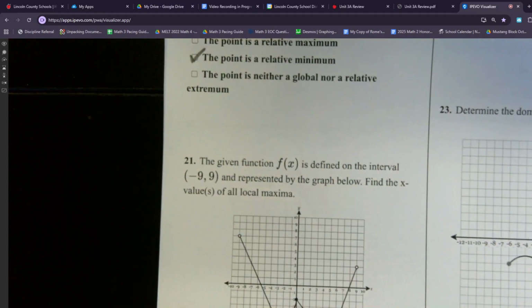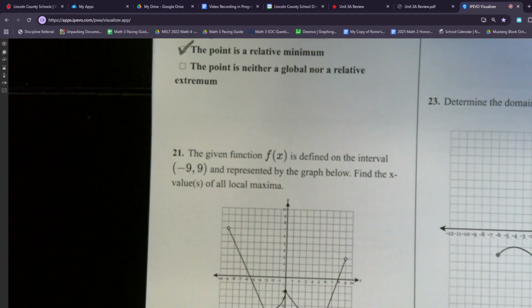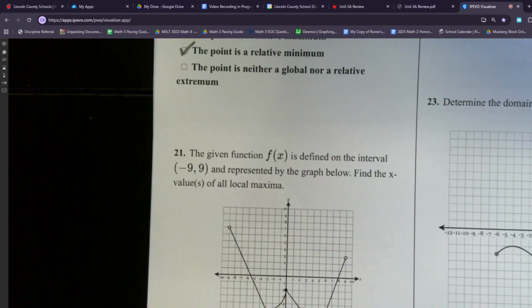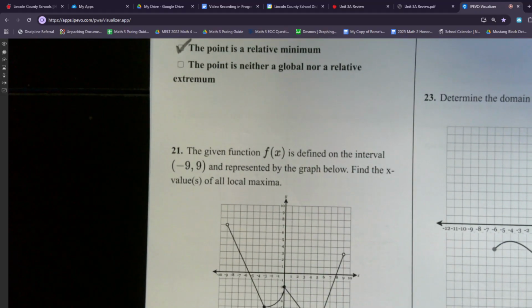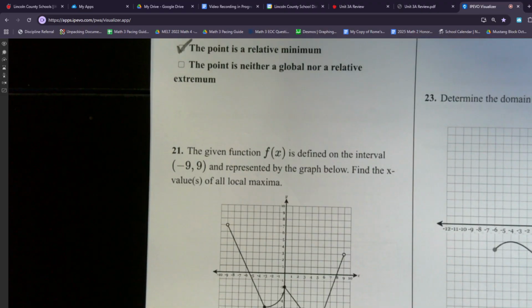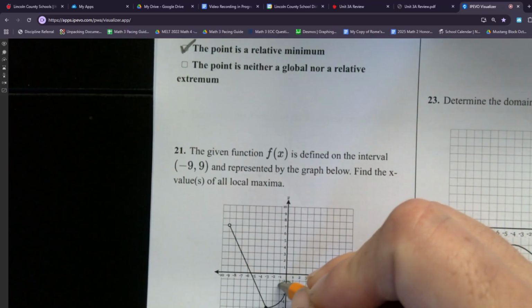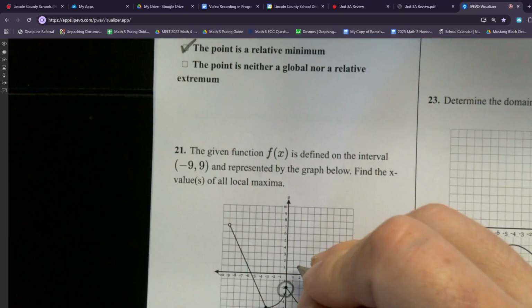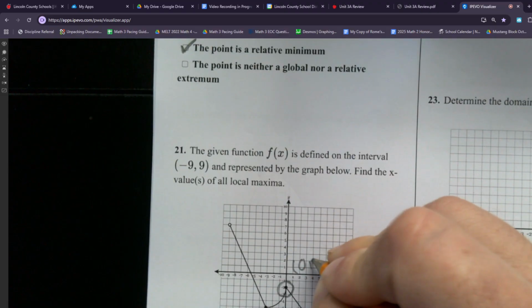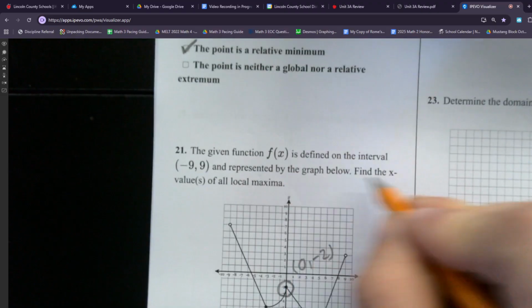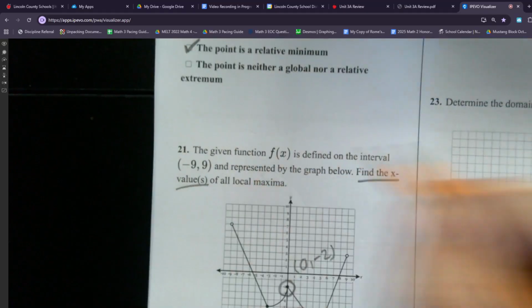Okay, the given function f of x is defined below on the interval of -9 to 9 and represented by the graph below. Find the x values for all local maxima. Okay, I see one local maxima, and that's here. So that is the coordinate (0, -2). Now they're wanting to know the x values.